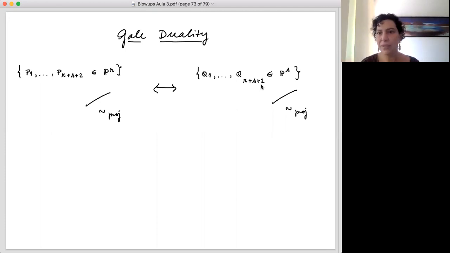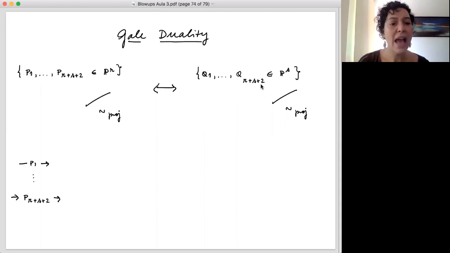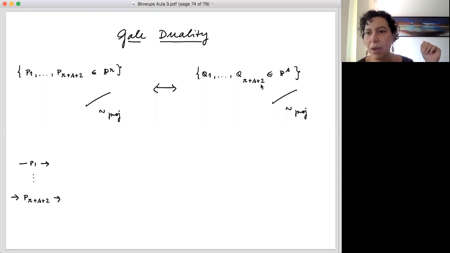And this is how this correspondence goes. If you give me r+s+2 points in PR, I take some projective coordinates for these points, and I write this as a matrix.